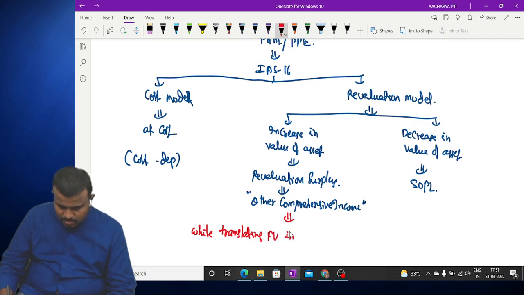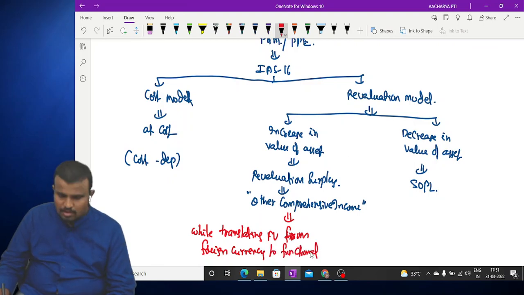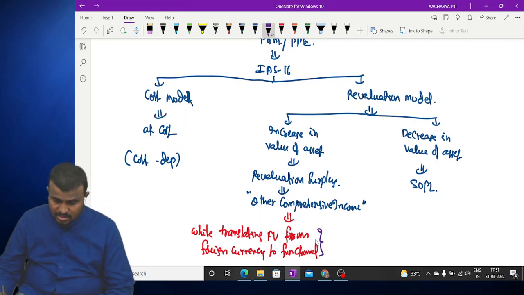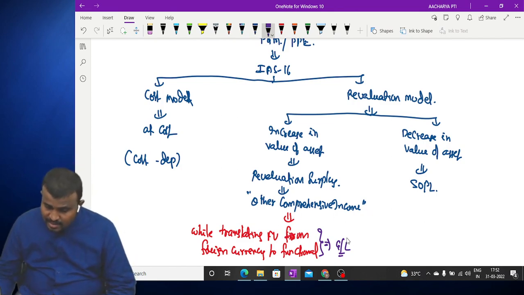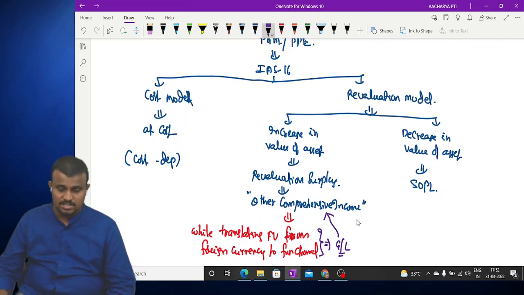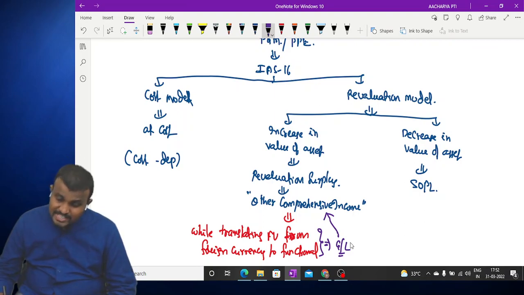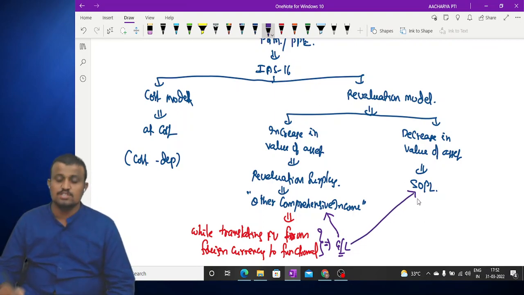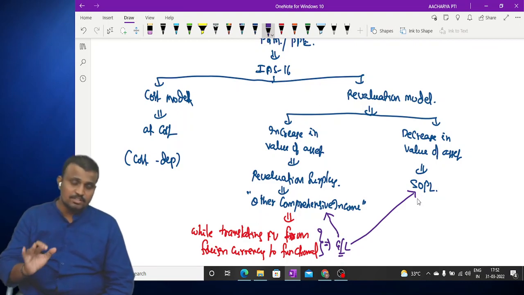While translating the fair value from foreign currency to functional currency, some exchange gain or loss is created if there is any change in the exchange rate. The gain or loss relating to the revaluation surplus we have to show in other comprehensive income. If the gain or loss relates to the decrease in value of an asset, that is transferred to the statement of profit and loss. Listen carefully.